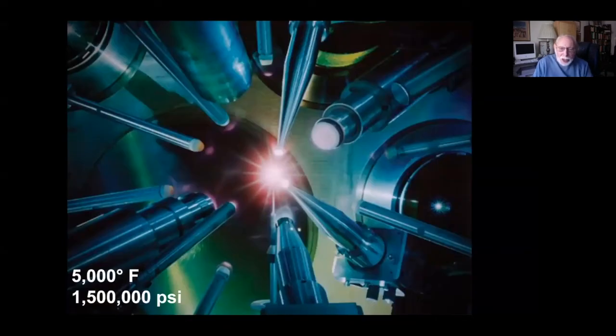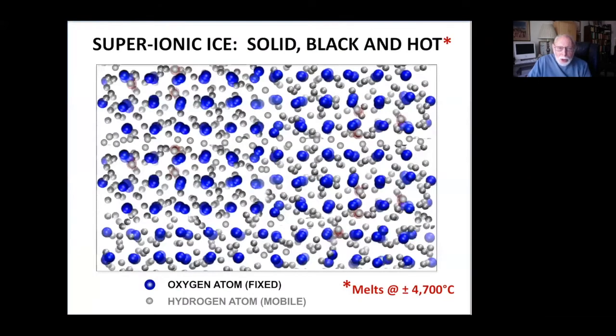This is one they've actually created in the laboratory using the points of two diamonds driven together to create an immense pressure, about 1.5 million pounds per square inch, and lasers to heat it up to about 5,000 degrees. And they had an X-ray diffractometer hooked up and verified that they'd formed a crystal of ice in a very different form: superionic ice, solid, black, and hot.